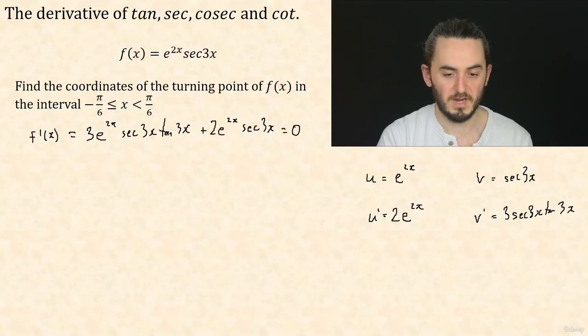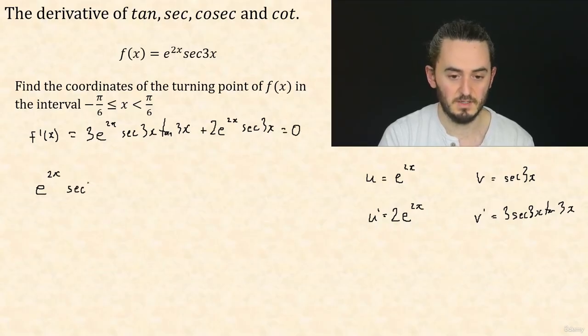Okay, so I'm going to have to do as much factorising as I can now, because this is a pretty complicated equation, but luckily there's loads I can factorise out. I can factorise out an e to the 2x, and I can factorise out a sec 3x. And that leaves me with 3 tan 3x plus 2 here. And that should be equal to 0.